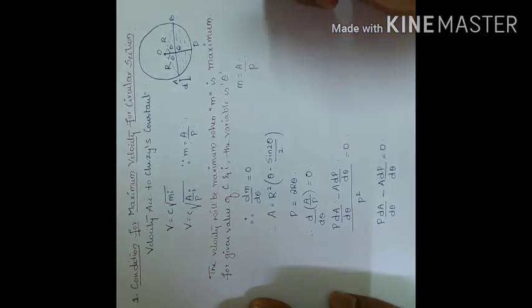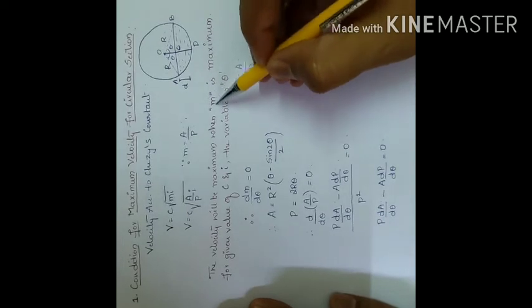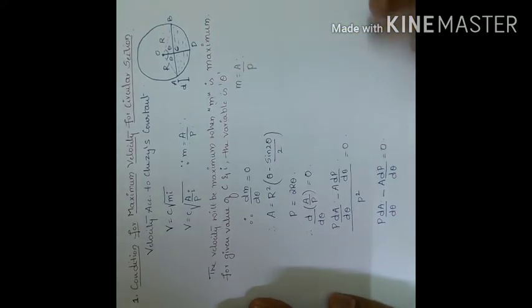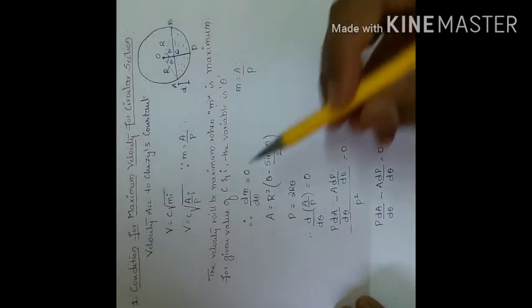In order to get the maximum velocity, we need to differentiate m, the hydraulic mean depth, which should be maximum, and the variable is theta. Now what is this variable? While differentiating, we need to differentiate two functions, one dependent and one independent.